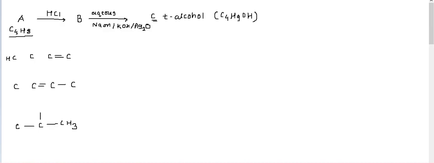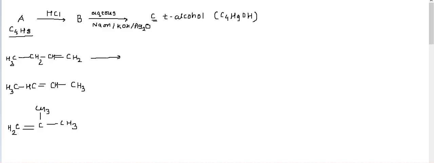So let's satisfy the valencies: CH3, CH, double bond CH and then CH3, and the branched one with double bond CH2, CH3 and CH3. So I have written these three structures from the molecular formula C4H8.